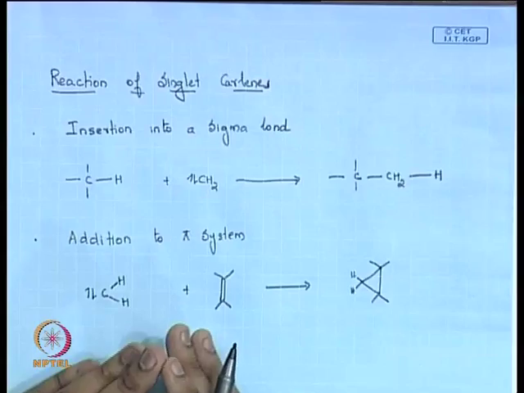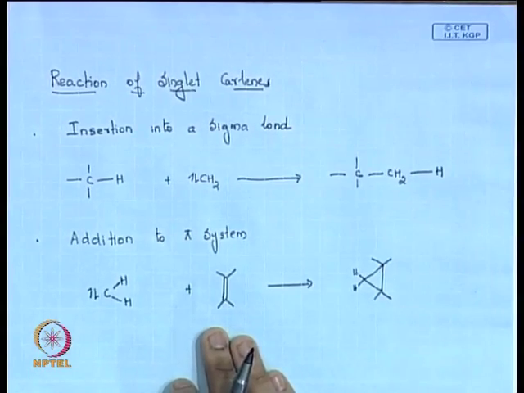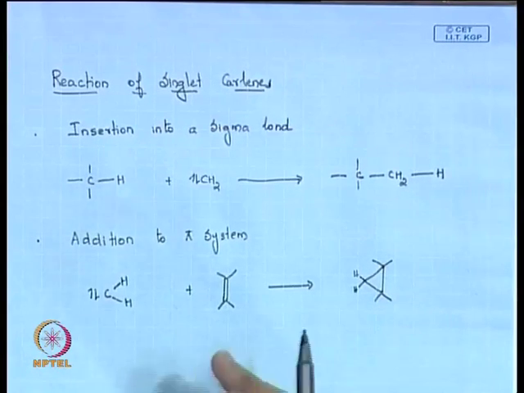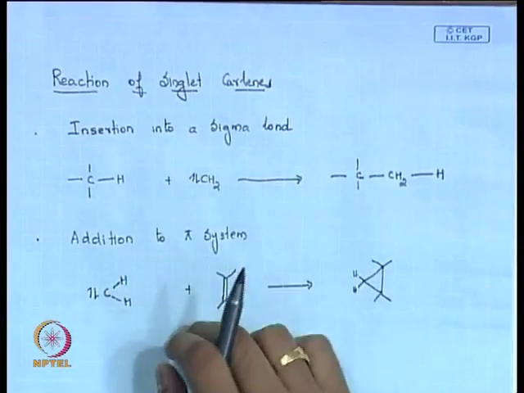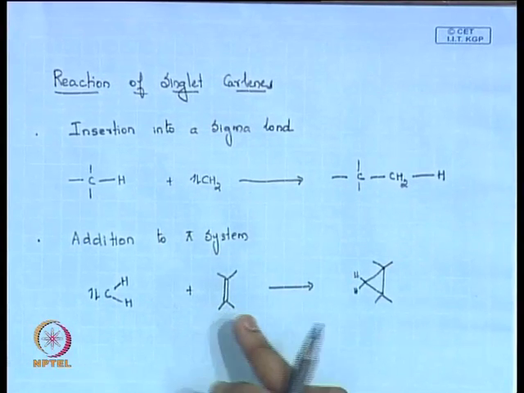I am not discussing the stereochemistry right now. When I go to triplet carbene, I will discuss the stereochemistry. Right now, just think that singlet carbene can add to your pi system and nicely forms a cyclopropane. It is very stereospecific, which I will discuss when I talk about triplet carbene. So, these are very common: insertion into a sigma bond and addition to a pi system.